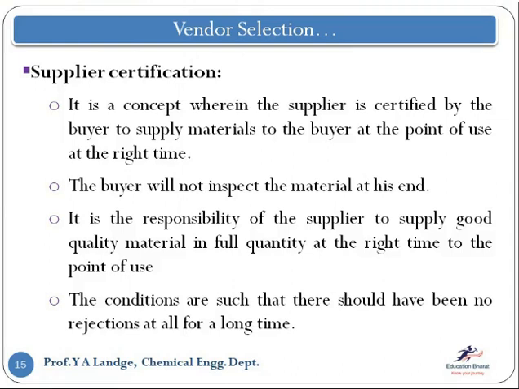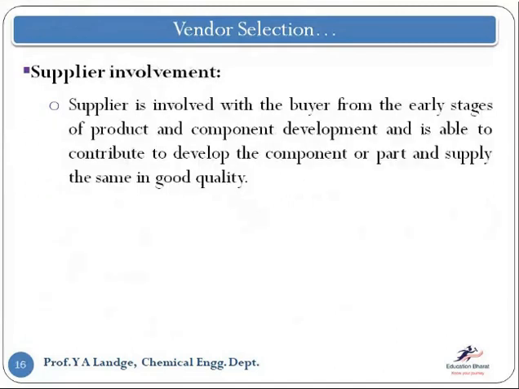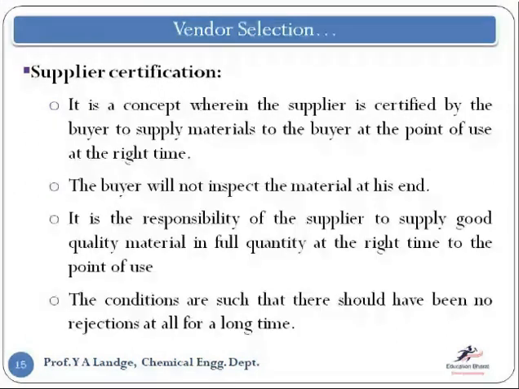On the other end, the manufacturer who is buying the product from the supplier knows the quality of it, so there are no chances of rejection. And if this process is continuous for a long period of time, then they have trust in each other and they say, okay, the product is always of good quality, so there is no need to cross check it again. And this will be the impact of the certification.